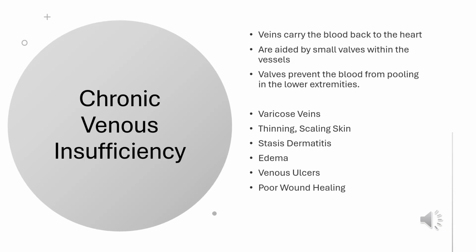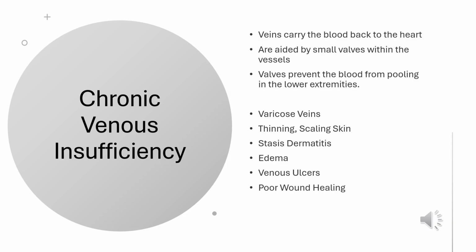Chronic venous insufficiency is a disorder of the valves within the deep veins of the lower extremities. Valves within the veins assist venous blood flow up towards the heart to keep it from pooling in the legs, and they regulate the direction of the flow of the blood. The valves prevent the blood from falling back down, say in the calf.